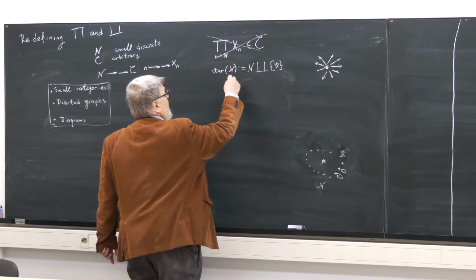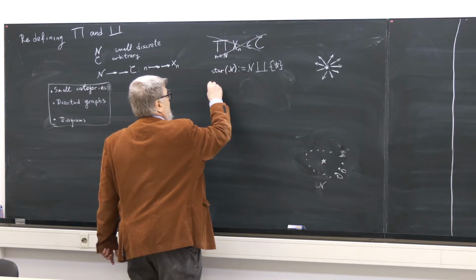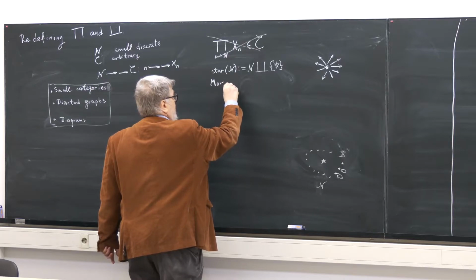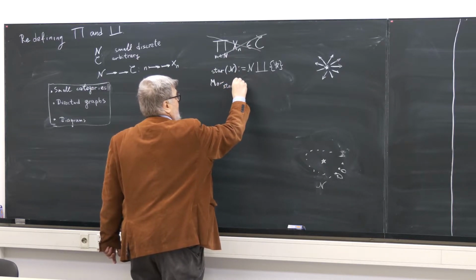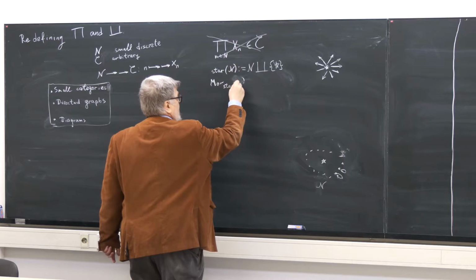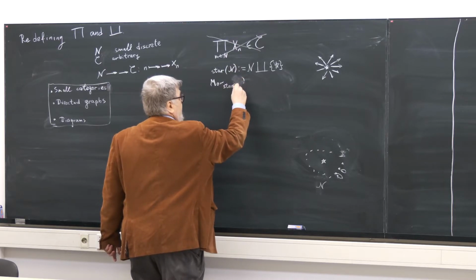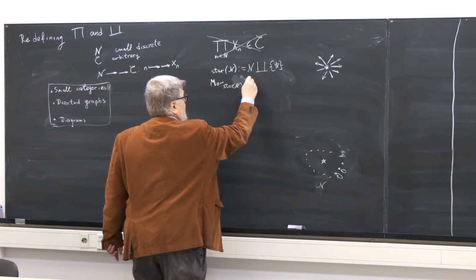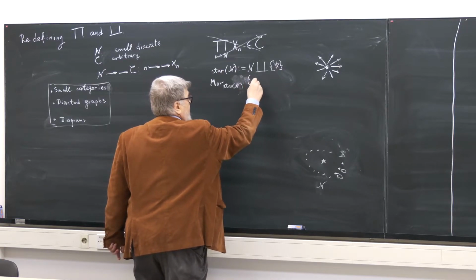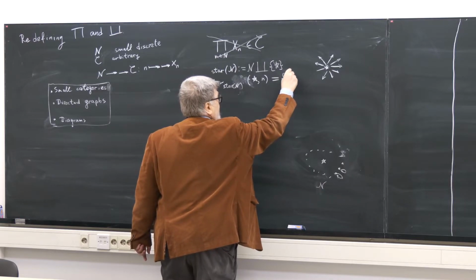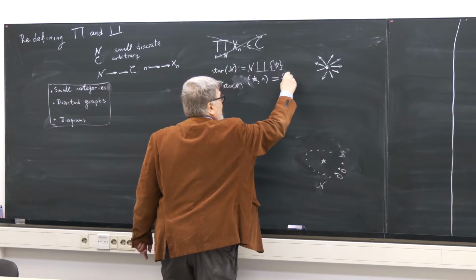Now the only morphisms that occur in this new category, star of N, are the morphisms from the central object to the objects of N.